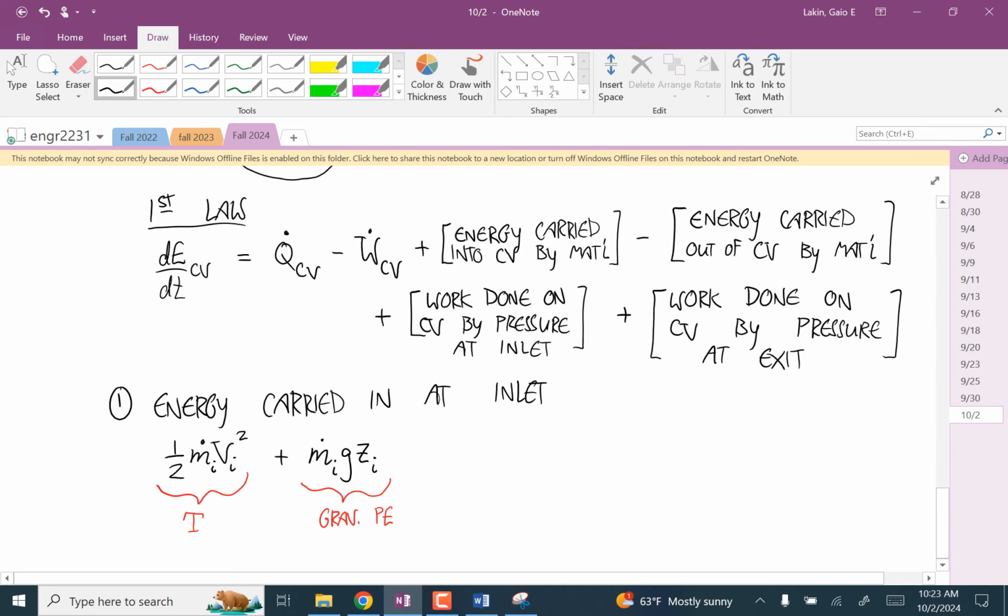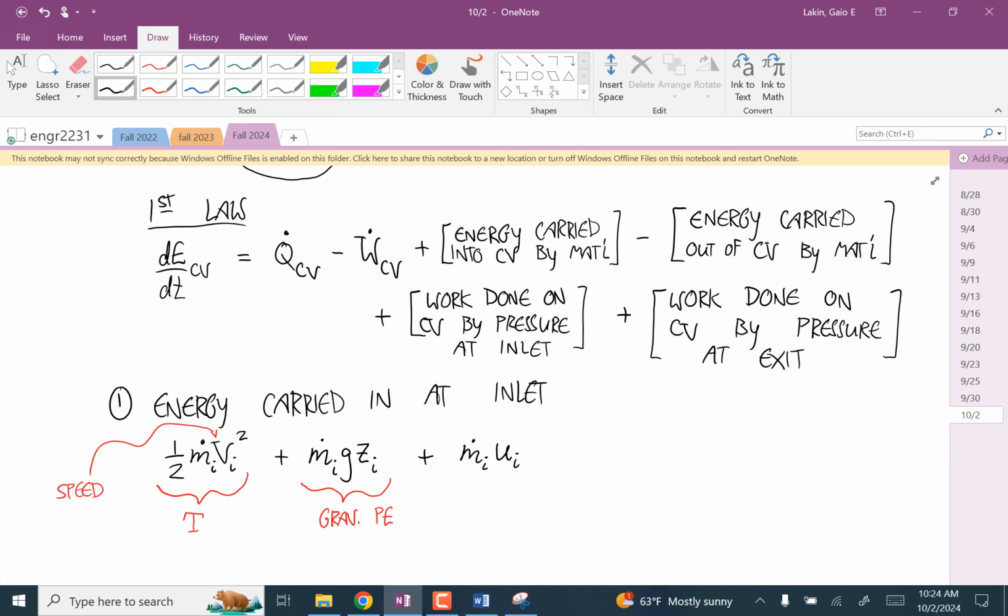Since I'm calling this speed V, I'm going to leave the V out of it. So make sure that you're thinking of this as speed. And then plus m dot I times u I. That's little u.